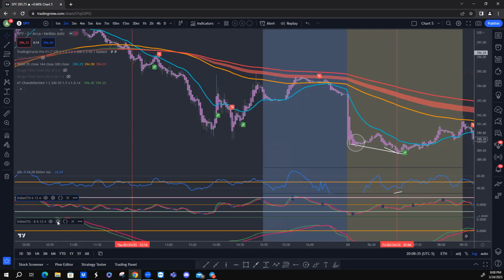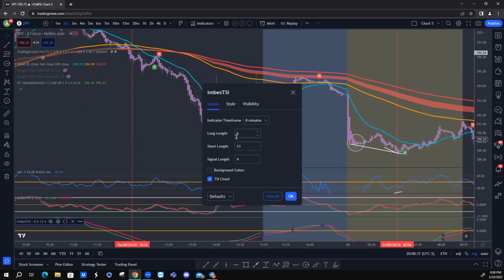And then this last one, like I said, I'm still looking at. It's the same setting, 6, 13, and 4, but I changed the indicator time frame to 8 minutes, and that's if I'm using the 2-minute time frame. So if I'm going to go to a 3-minute or a 5-minute, then I have to change this. Until I sort that out, I know right now that at the 2-minute, the 8-minute works out pretty good. Maybe if I'm on the 5-minute, the 15-minute might work out good, but that's to be looked at.